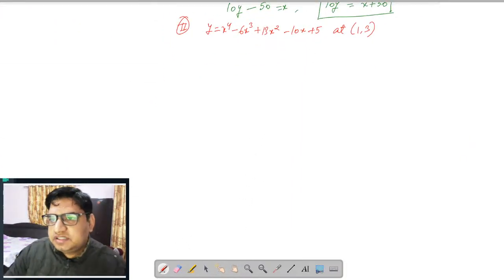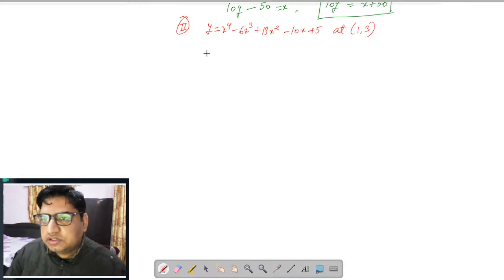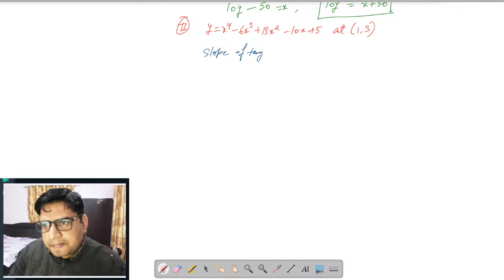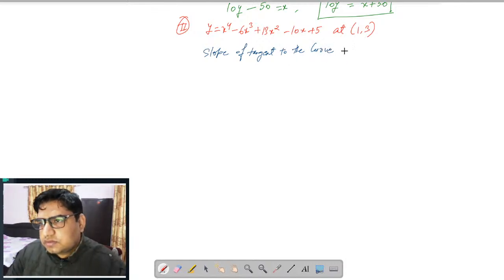We'll find the slope of the tangent to the curve, which is dy by dx.